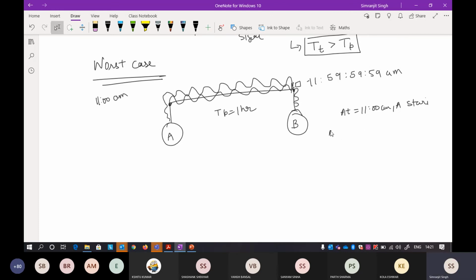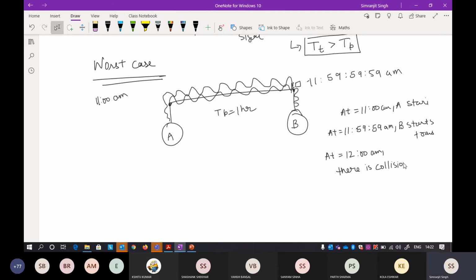At 11:59:59, B starts transmitting. Suppose this is the scenario. Now when will the collision be? Exactly at 12 there will be a collision.